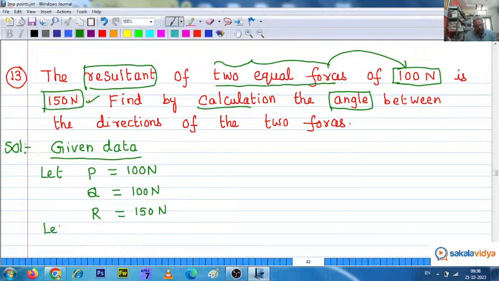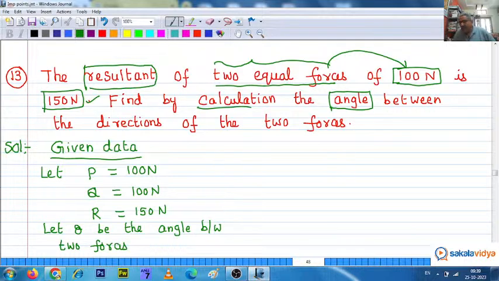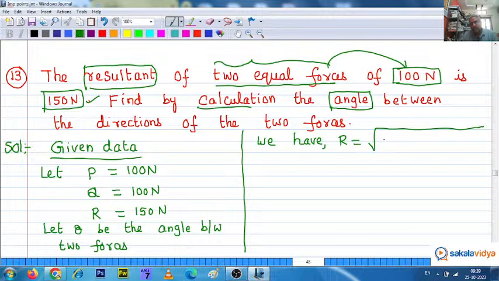Let theta be the angle between two forces. Now theta needs to be evaluated, that we need to find out. See, we have R is equal to root of P square plus Q square plus 2PQ cos theta.